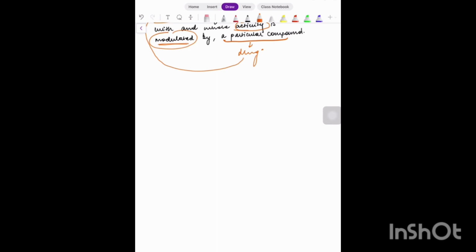So we are identifying a biological target that is druggable.